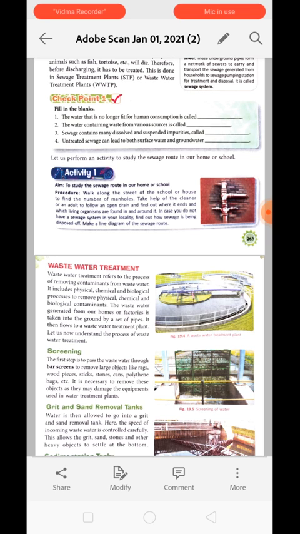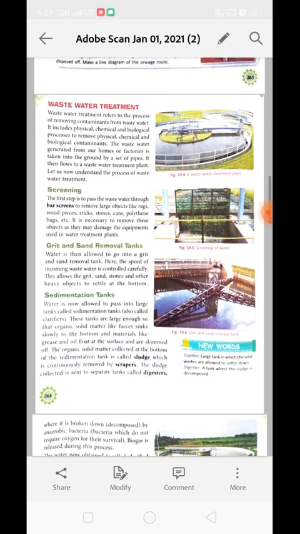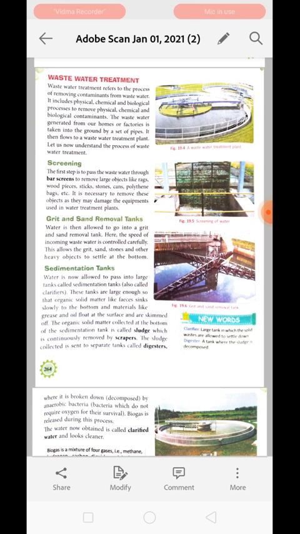Now next is the wastewater story. Wastewater story means the story behind the treatment of wastewater. Wastewater treatment refers to the process of removing contaminants from wastewater. It includes physical, chemical and biological processes to remove physical, chemical and biological contaminants.